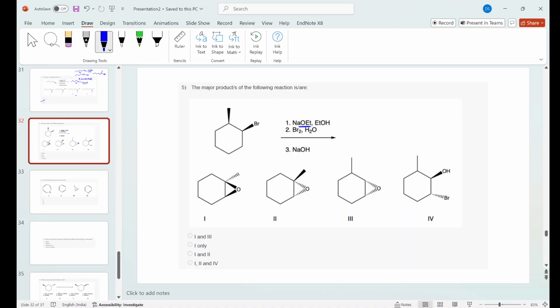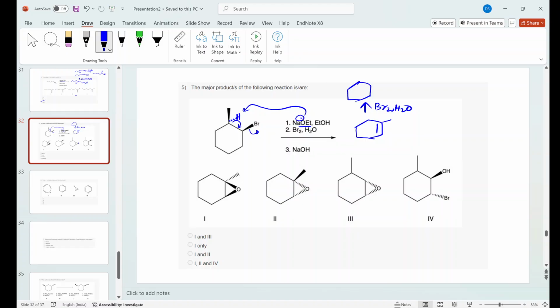So first, there will be one elimination because we'll have this H here. Okay, this can take and you can form one alkene. Then you are reacting with Br2 water so that bromonium ion formation happens. We will get one bromohydrin product, right?